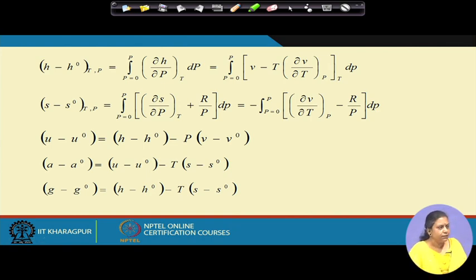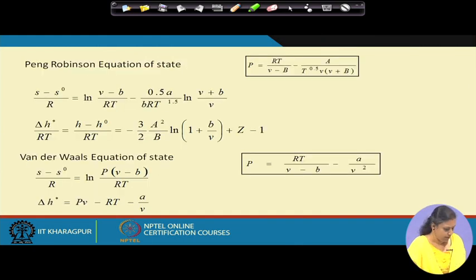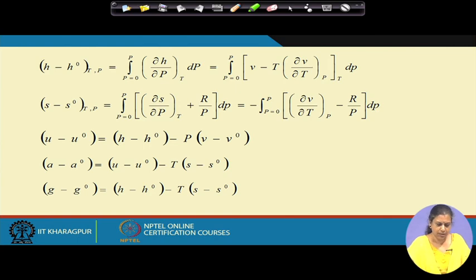So the main challenge of finding delta H star and delta S star is to compute this particular integral. How to do this? We find that this integral is going to be a function of the PVT behavior of gases, isn't it? I'll just write it down for solving it.